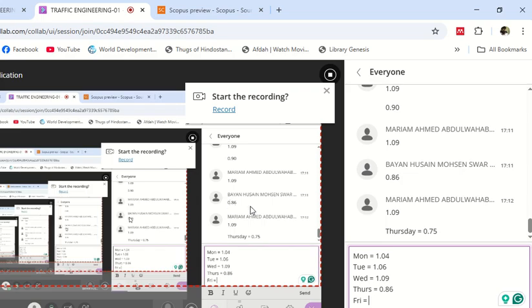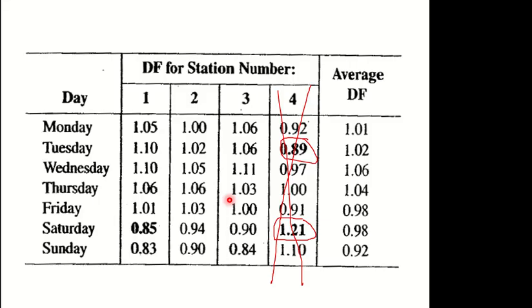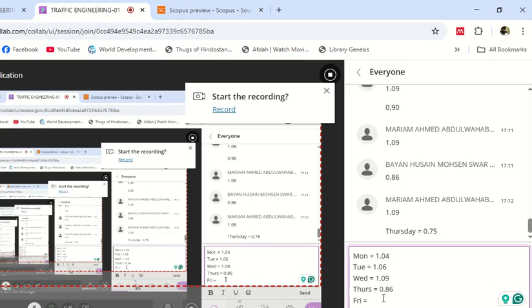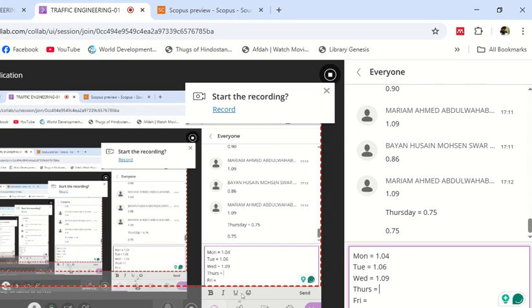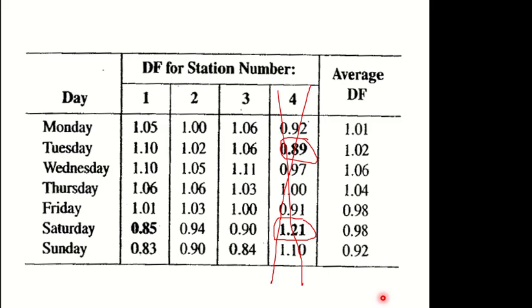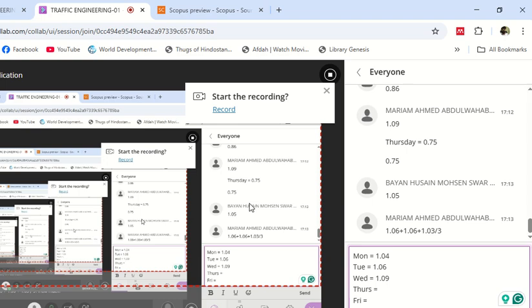What's the average? Even for Thursday, 0.86 cannot be correct. 1.06 plus 1.06 plus 1.03 divided by 3. How much? 1.05, yes.